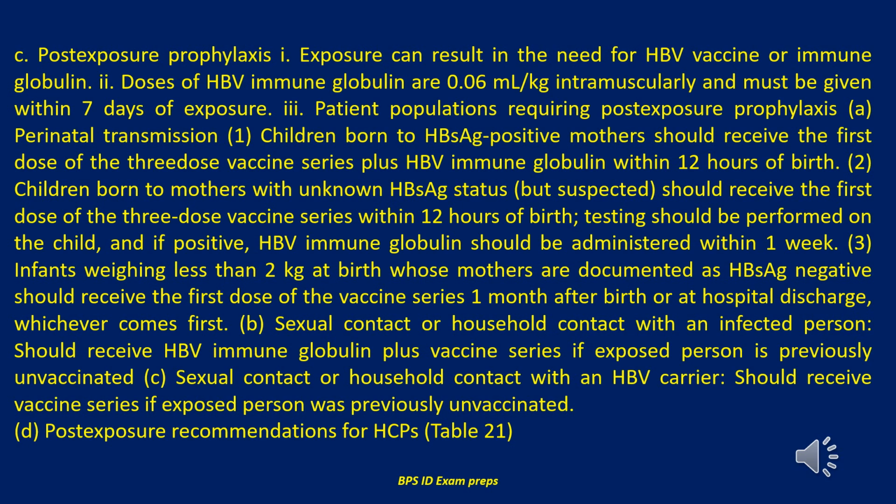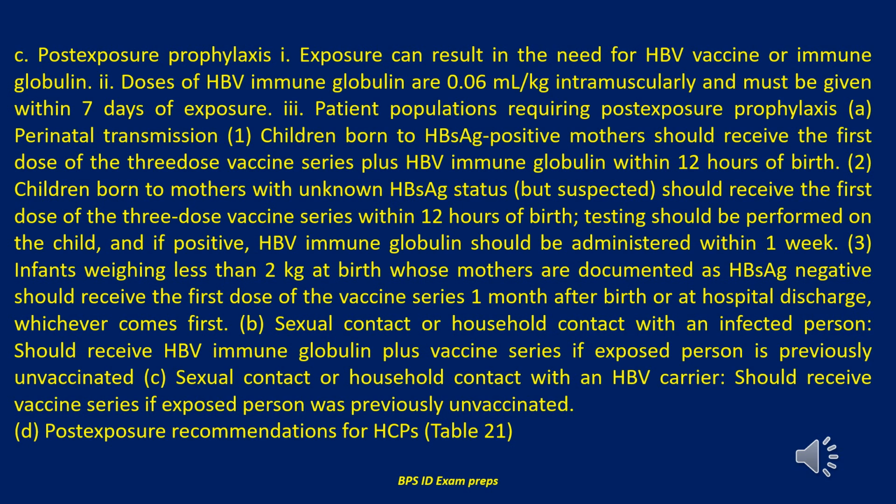B. Sexual contact or household contact with an infected person. They should receive HBV immune globulin plus vaccine series if exposed person is previously unvaccinated. C. Sexual contact or household contact with an HBV carrier. They should receive vaccine series if exposed person was previously unvaccinated.